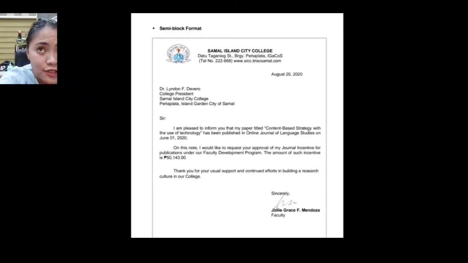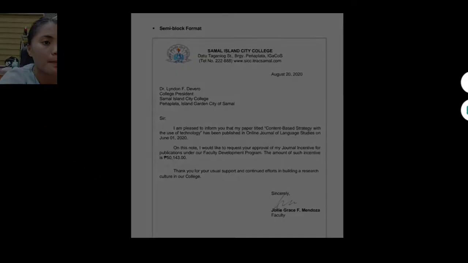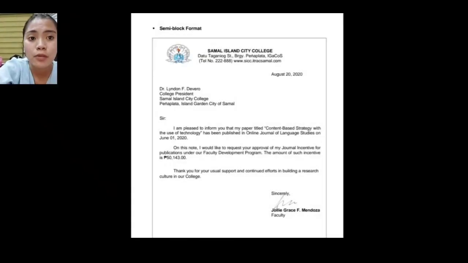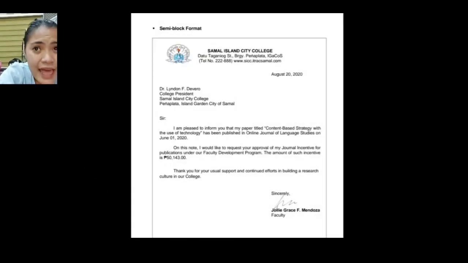So let's differentiate the semi-block format from the 2 others. In the semi-block format, your address, date. The date can actually go on either the left or the right side. The closing, the signature, and the printed name are all aligned to the right half of the page.